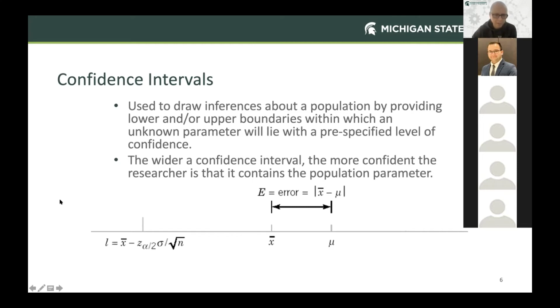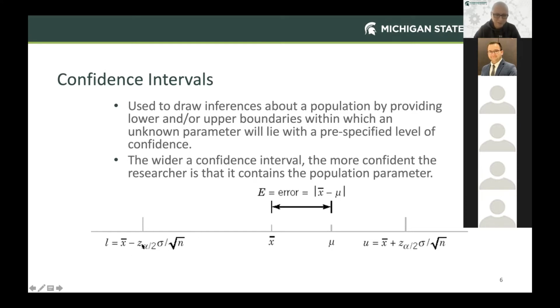But from a practical perspective, what we're trying to do is construct a lower limit and an upper limit based upon that sample mean, as well as what we know in terms of statistical theory as it relates to either a Z statistic or a T statistic and the associated standard errors that are related to those statistics of interest, okay? We'll delve into this in greater detail in the next few slides, but you'll start to see a few similar terms pop up here.